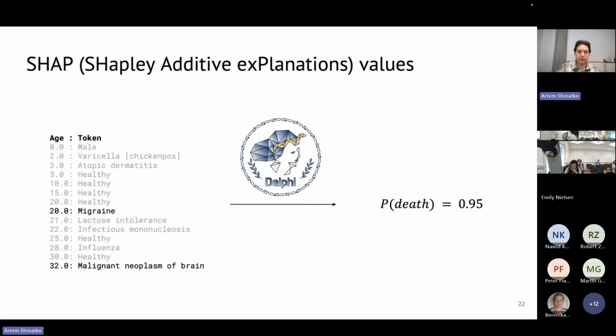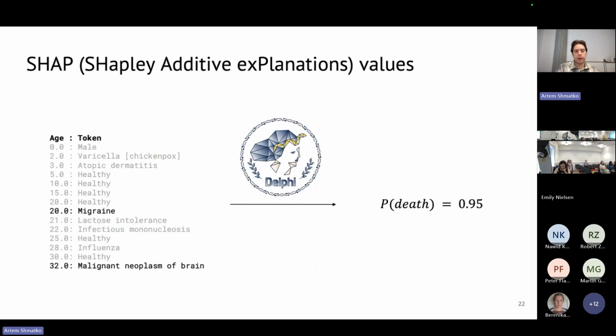Imagine we have this input trajectory to Delphi, and we know that on this input, it predicts that the chance of dying is 95%, like the death rate is very high. But it's not clear why exactly such a high death chance is predicted.